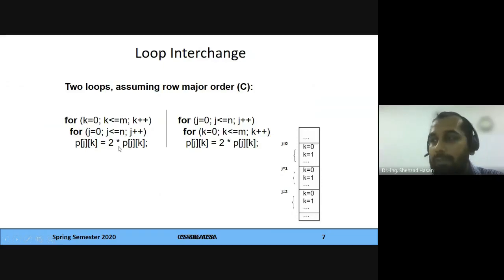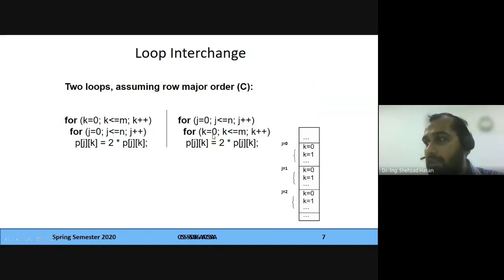So if you are talking about getting an element of k over here, and let's say we are storing it in row major order, that is we are going to implement it through C, so actually the elements are going to be stored in this way, right? But the program is taking these statements to go through multiplication of every element.